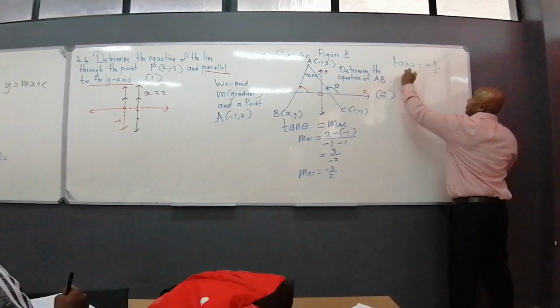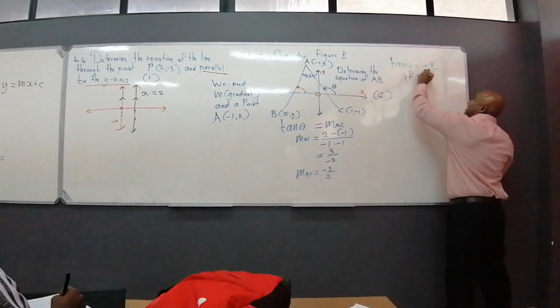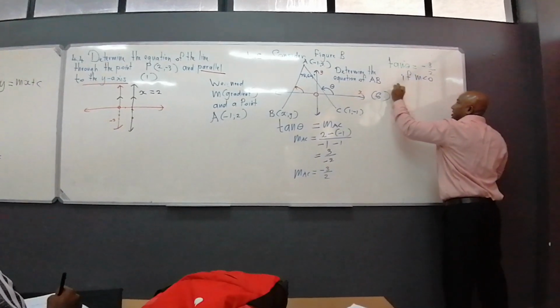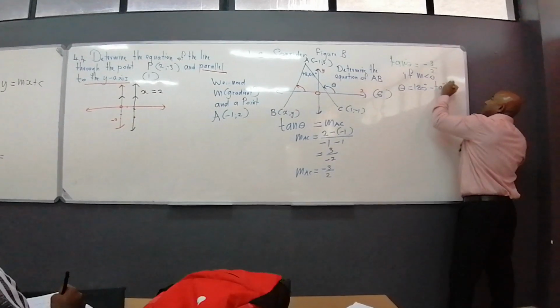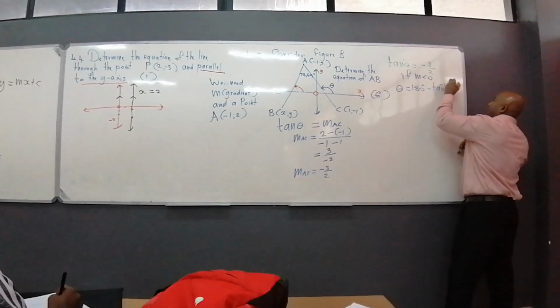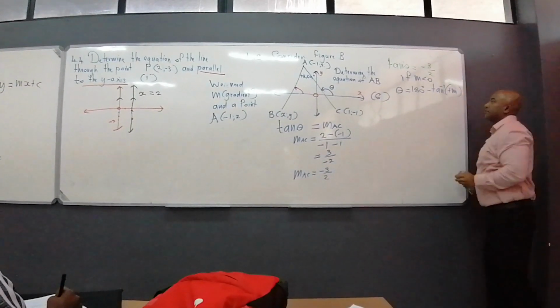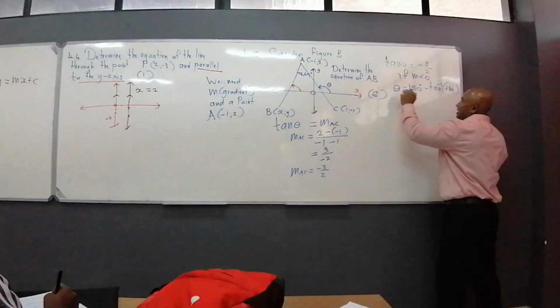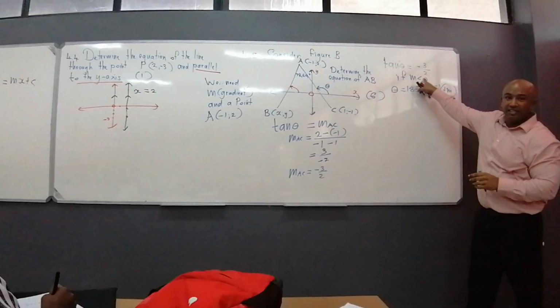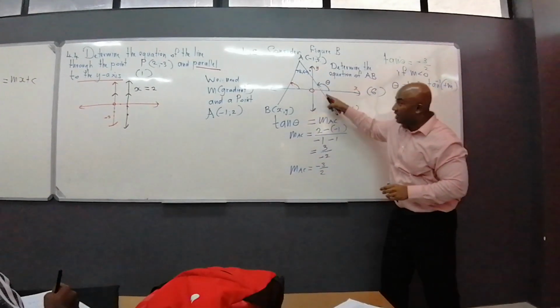So if m is less than 0, then theta must be 180 degrees minus inverse tan of positive m. This is ignoring the negative sign. Your gradient is negative here. It's clear that it's negative. You can see the straight line is going down.